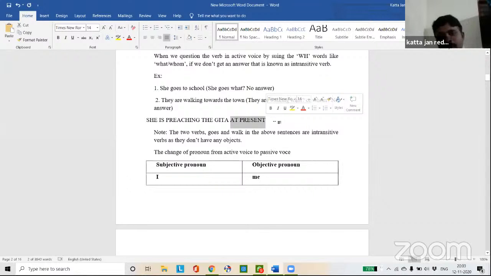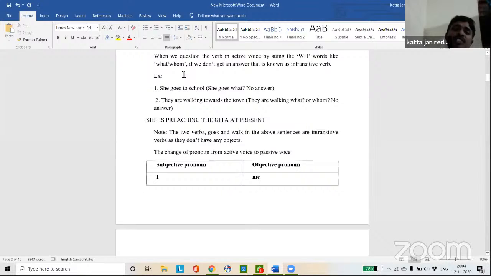No, never. Whatever word is used at the end of the sentence is not necessarily an object, right? So what is the object? How do we recognize an object?